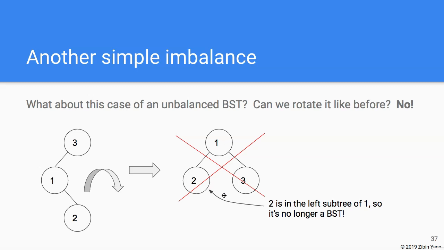So this is not a BST anymore, and that's not the right way to keep things in balance, right? Because remember, the order in a BST is very, very important. That's what makes a BST a BST.